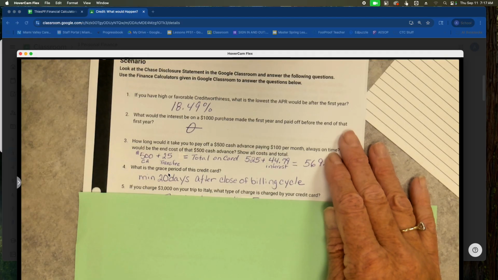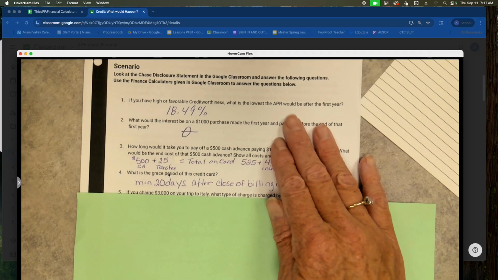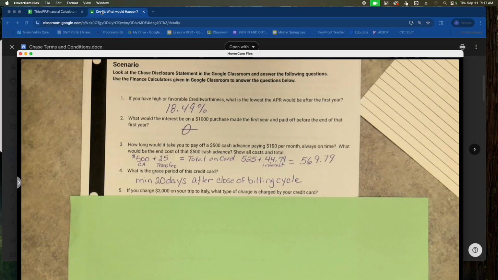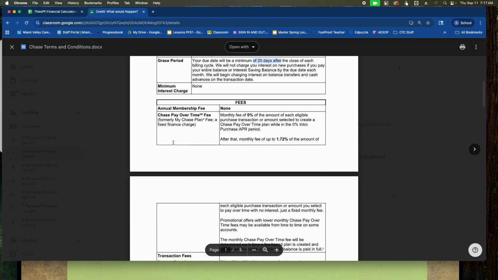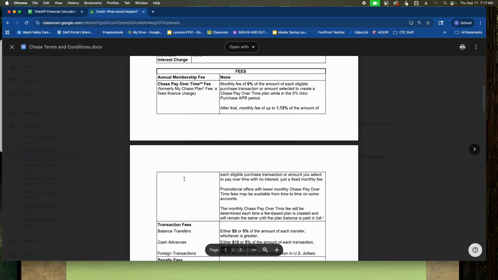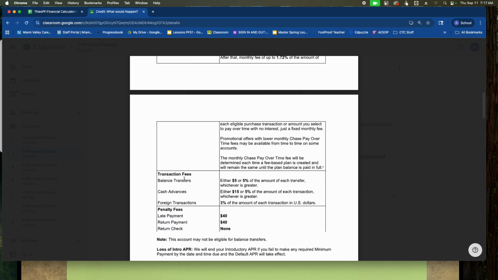Next question, if you charge $3,000 on your trip to Italy, what are you charged extra for on your credit card? We can see we have all kinds of other fees, and that's what we're going to go down here and look at. We have a balance transfer fee, cash advance, and then we also have a foreign transaction fee of 3% of the amount for each transaction in US dollars.